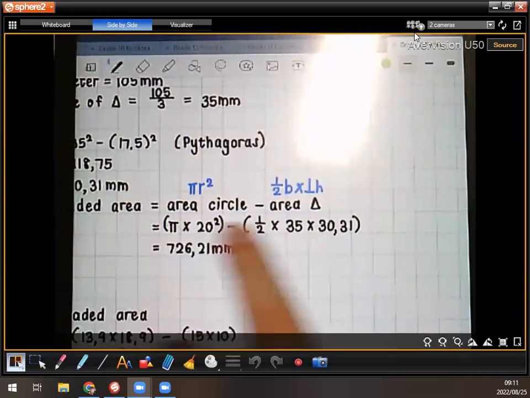What's this? Yeah, it's not a bigger number because you're multiplying it by pi. Pi is like 3,147 something times 400. Okay, we're fine with that, right?